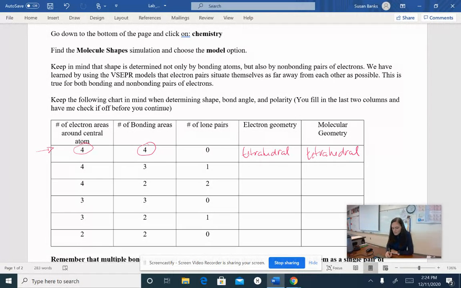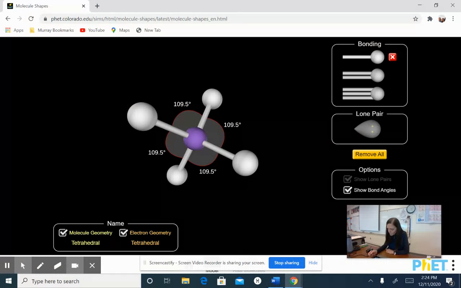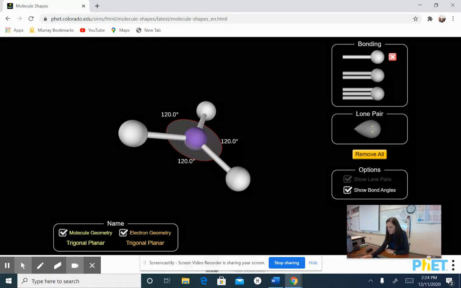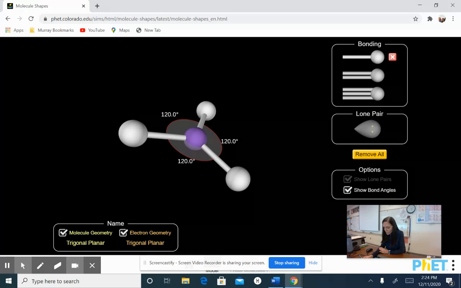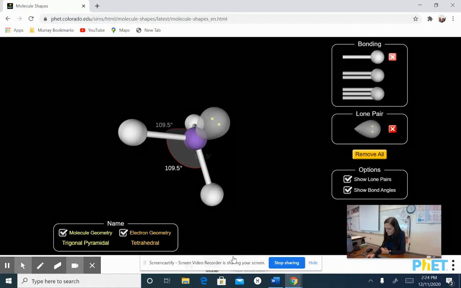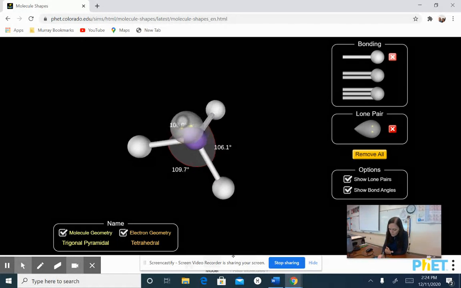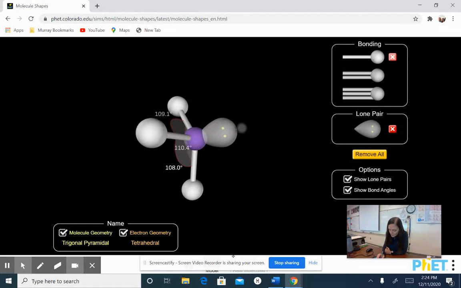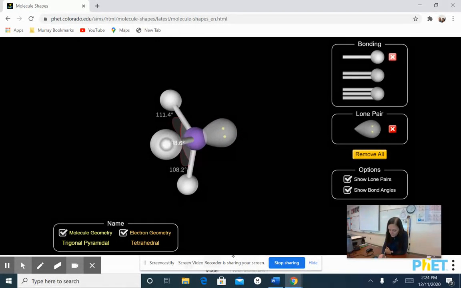Okay? For this next one, we still have 4 areas around the center atom, but in this one, we have 3 bonds and 1 lone pair. So let's go to PhET here. We're going to take one of these bonds away. So I want to hit that red X to take away one of those bonds, and I want to put a lone pair in there. So I'm going to hit this lone pair area. Notice I now have 3 bonds and a lone pair.